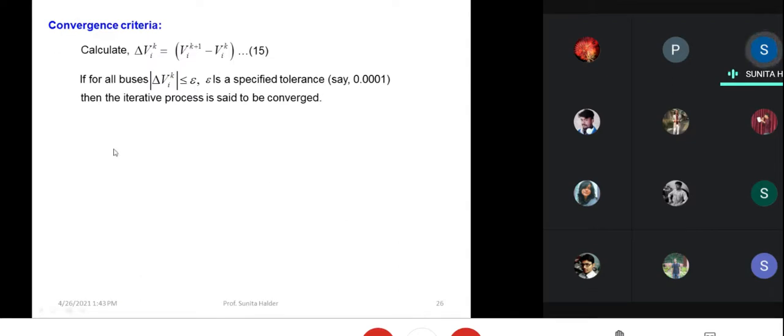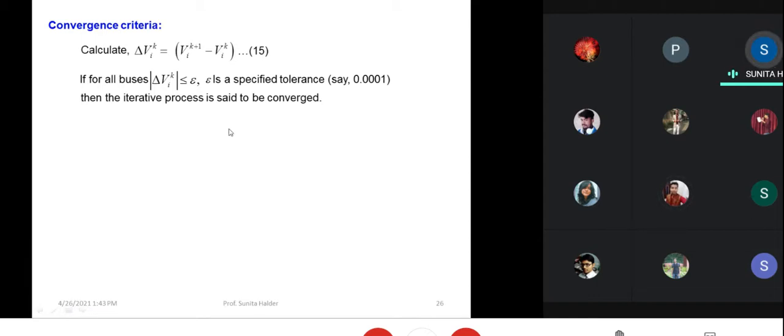So the convergence criteria will be the deviation in bus voltage from the present iteration to the previous one, that is Vi k plus 1 minus Vi k. If this deviation is very small, say less than 0.0001, then we may say that the process has converged, otherwise not.